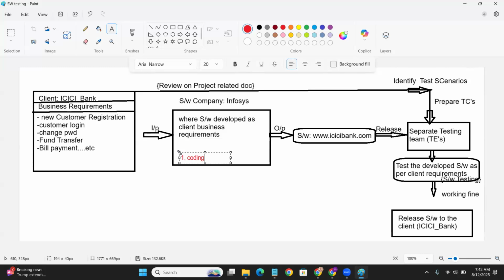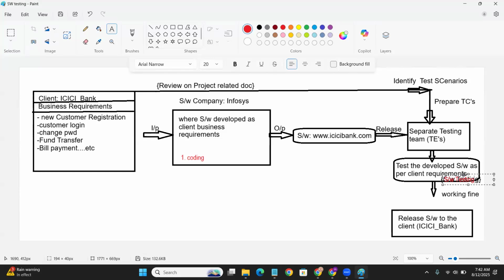Once coding is completed, the application is given to a separate testing team, where testers are responsible to test the software. That is software testing. Once the software is developed, it is given to the testing team to test the application as per the client requirements.